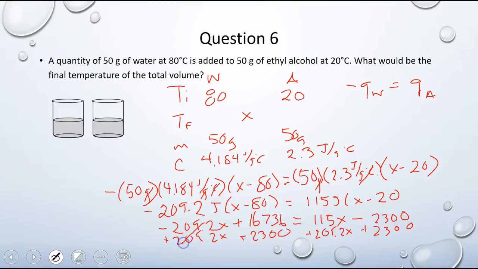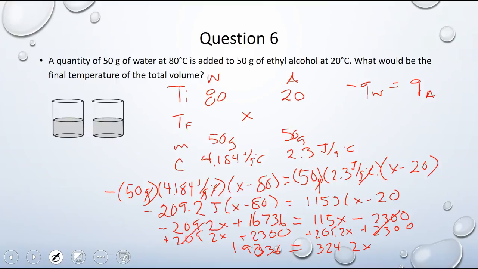That drops out, and I get 324.2x is equal to 19,036, sorry.